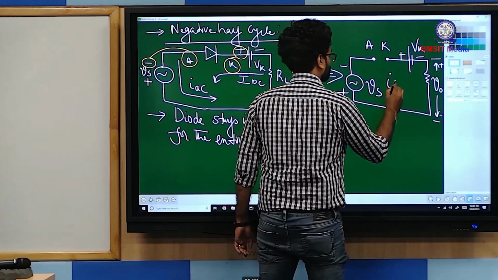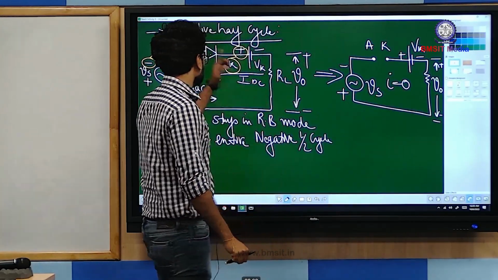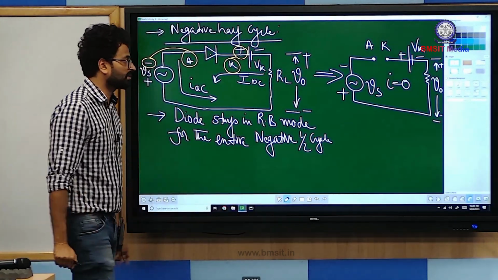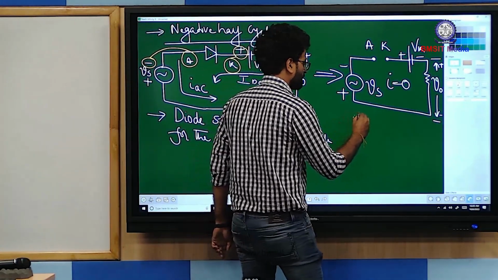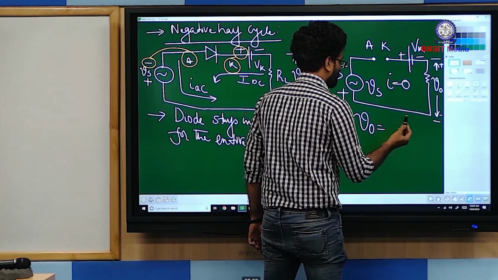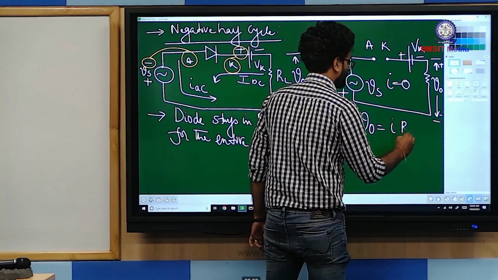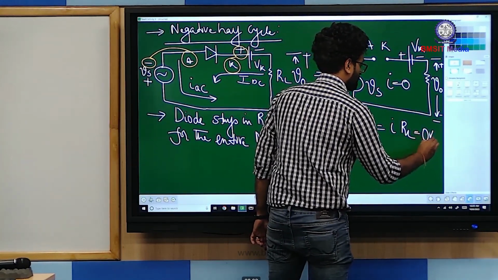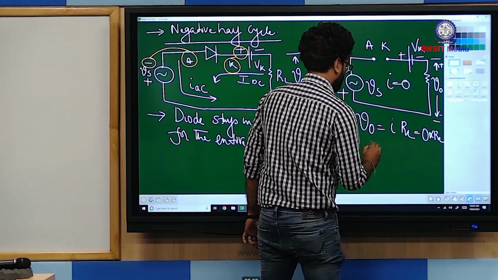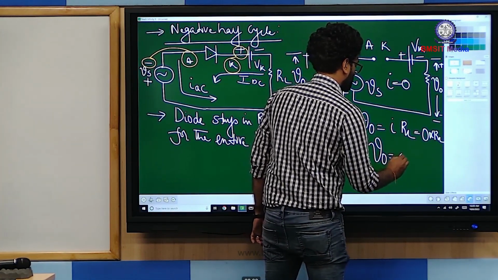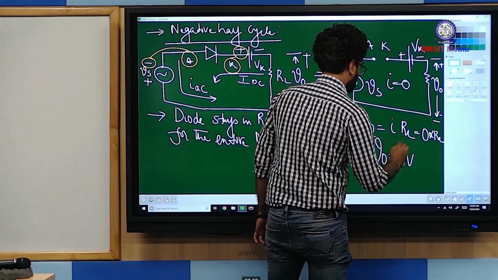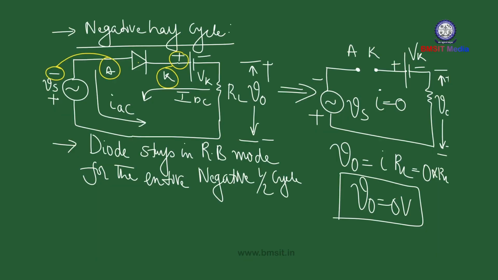Okay, so I is equal to 0 because the diode stays in reverse biasing mode, and therefore V0 is equal to I into RL is equal to 0 into RL. So output is still at 0 volt level. Okay, so this is the analysis of a negative series clipper with a practical diode.